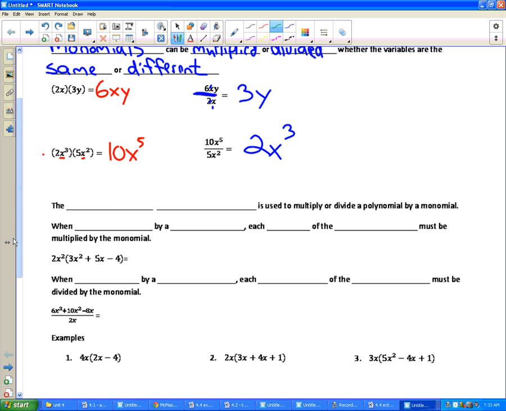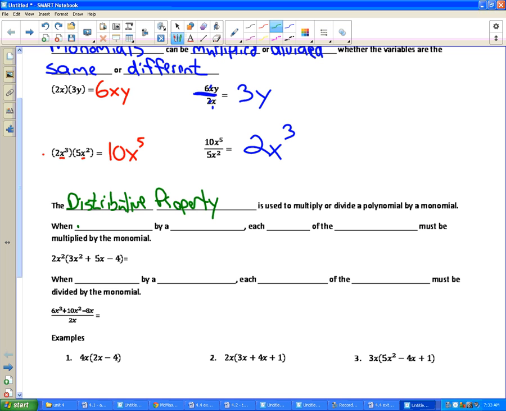So the distributive property is used to multiply or divide a polynomial by a monomial. Remember, a polynomial can have many terms. A monomial has just one term.